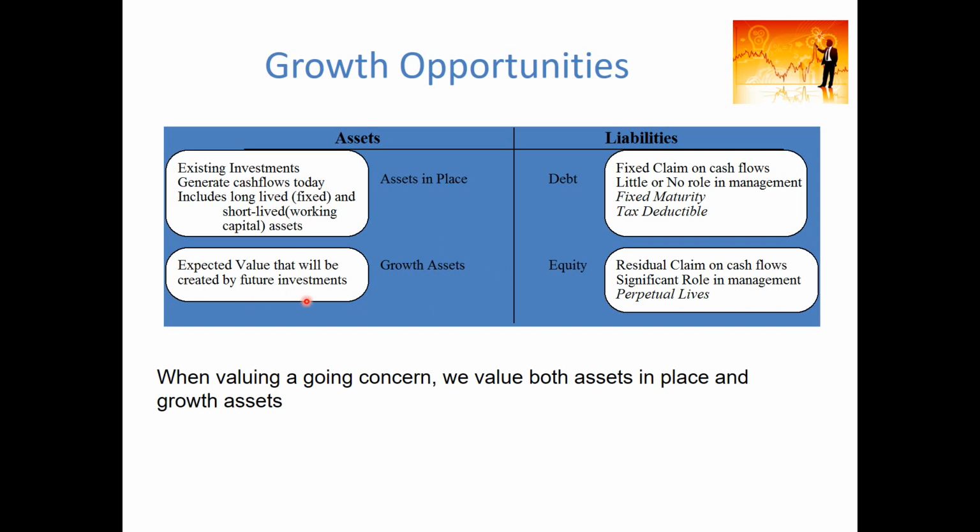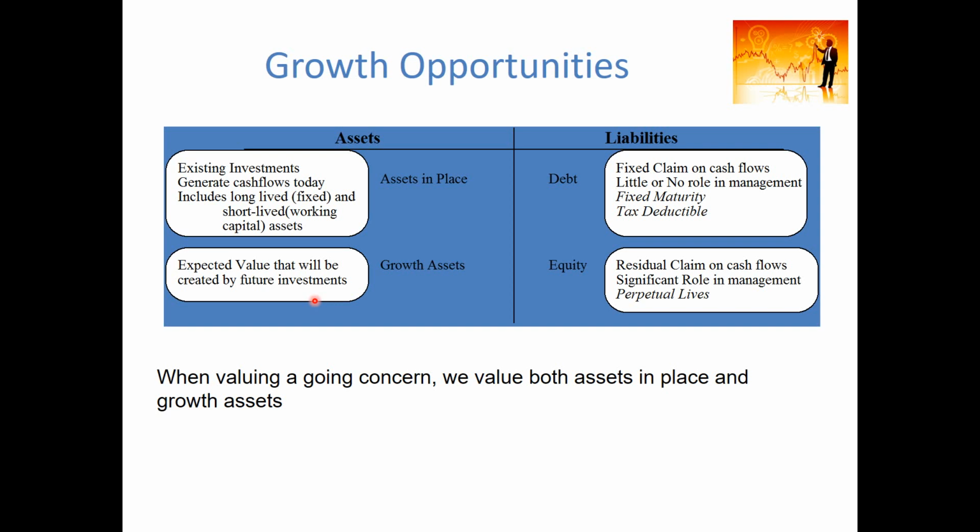As the growth assets in the firm are the expected future growth because of future investments, we can use the dividend discount model as a way of coming up with the total valuation of the firm. But then we can decompose the total valuation into these two components, assets in place and growth assets.